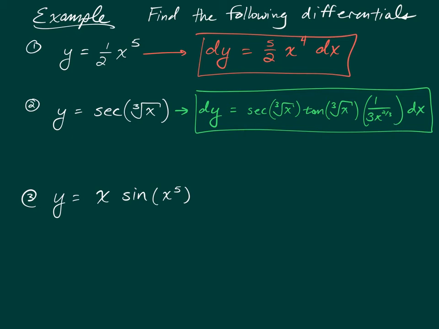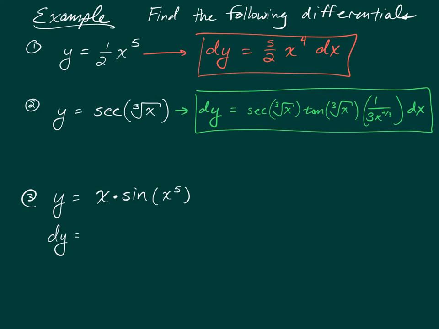And then in this last one, just to throw it in there, dy will equal, this involves the product rule as well as a chain rule. So we're not out of the dark yet on derivatives. We're very, very close.